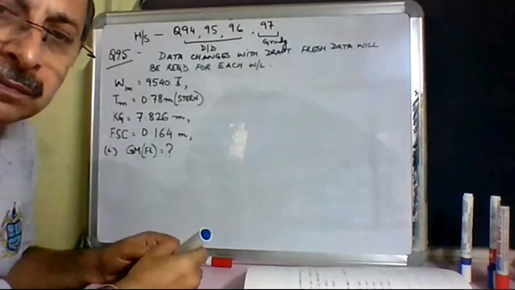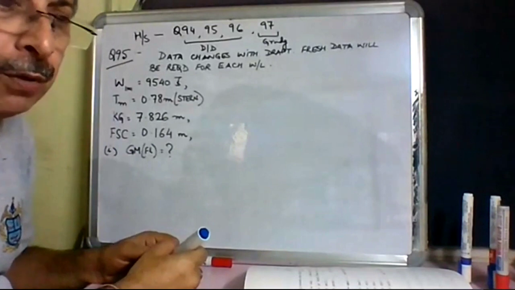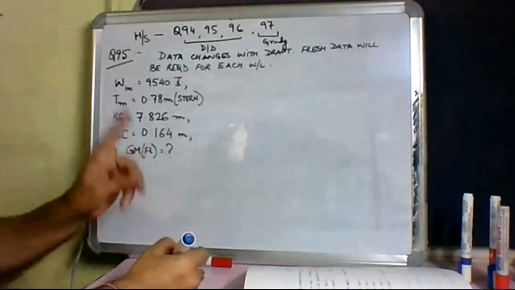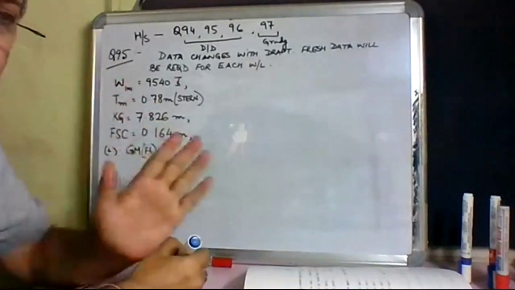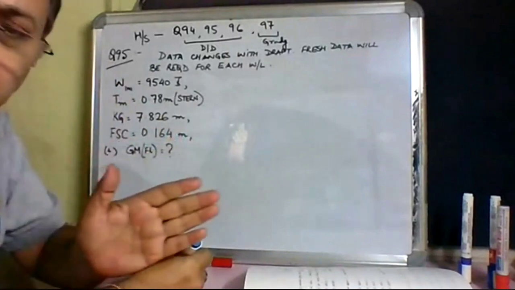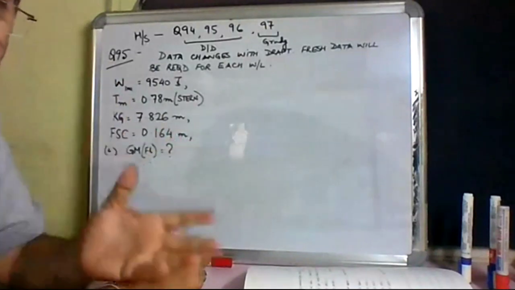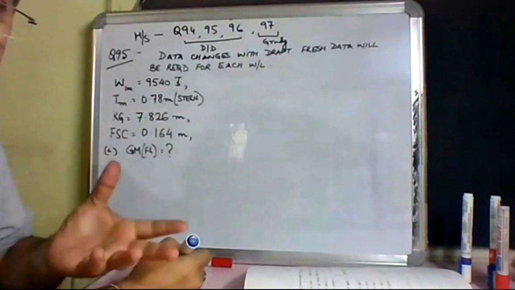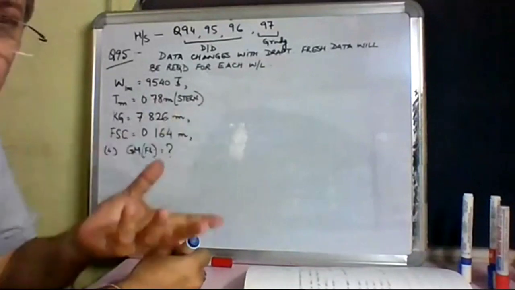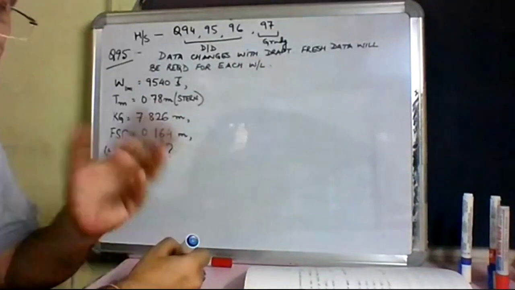One, sir. We're talking about one. All right. So we are finding out initial GM with which the ship entered. उस वक्त जहाज की KM क्या थी, KG क्या थी.